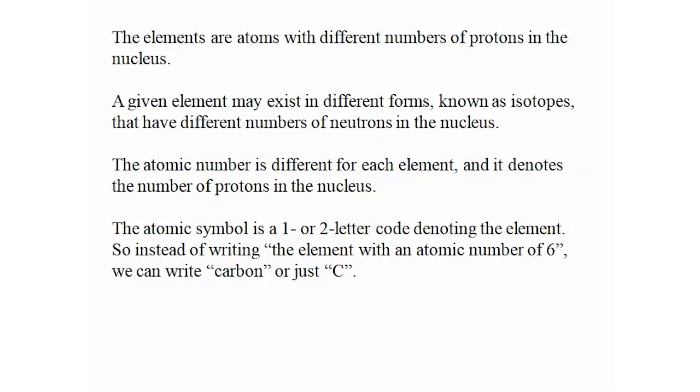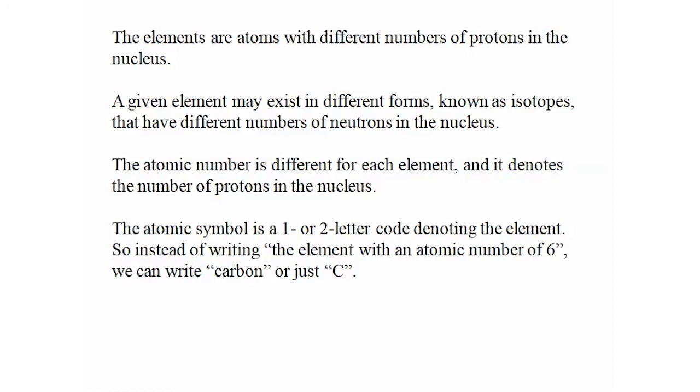The elements are atoms with different numbers of protons in the nucleus. Any given element may exist in different forms, known as isotopes, that have different numbers of neutrons in the nucleus. The atomic number is different for each element, and it denotes the number of protons in the nucleus.